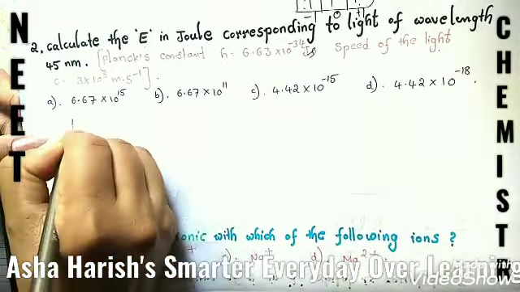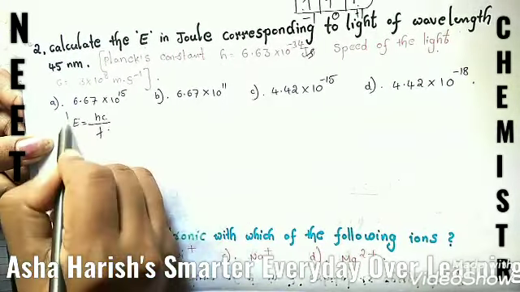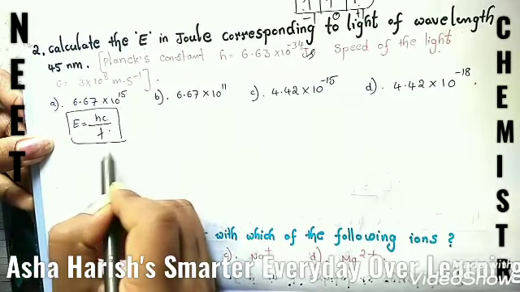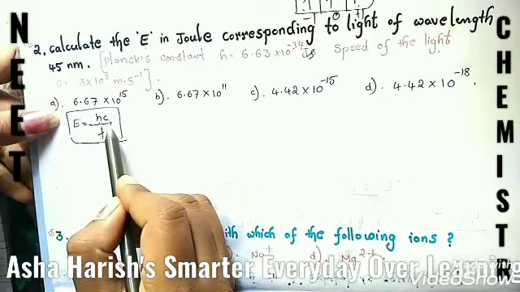The formula is E is equal to hc by lambda. This is based upon the wavelength, Planck's constant, and the speed of light.